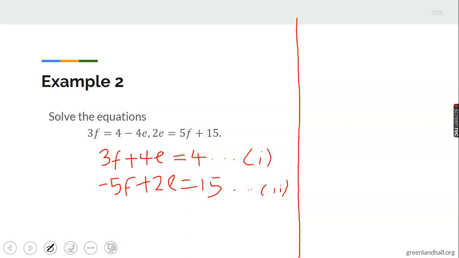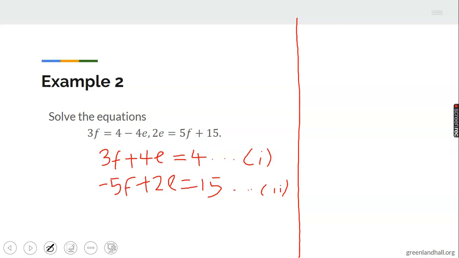Now, are you seeing something? This is positive. This is negative. Positive, positive. Now, if I want to eliminate, I will not eliminate e. You can eliminate e, fine.